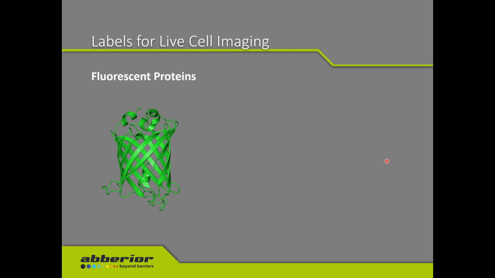The main drawback of fluorescent proteins is that they are not as photostable as organic dyes. So in super resolution microscopy, where we mainly use high power lasers, it might be challenging to create good images with fluorescent proteins. Therefore, the use of organic fluorophores in super resolution microscopy is favored.